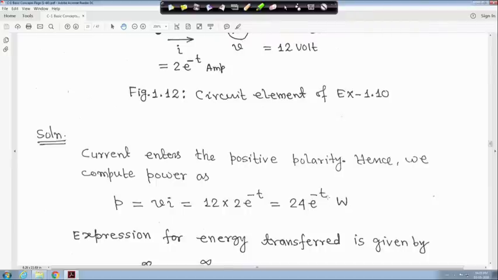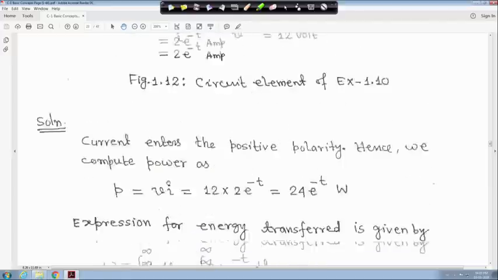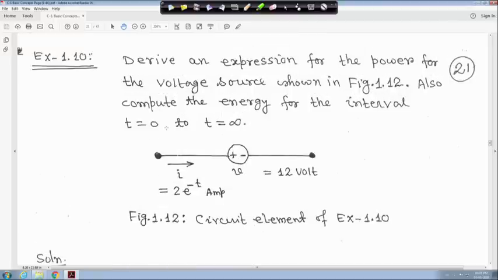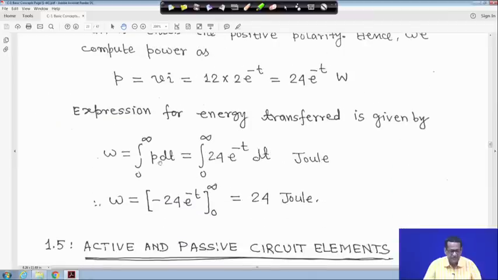Later we will see time functions in AC circuits, but just to give you a flavor. The expression for energy transfer is given between time t equal to 0 to t equal to infinity, so energy is the integral from 0 to infinity of p into dt. Here p is power and t is time in seconds, so the result will be in joule.